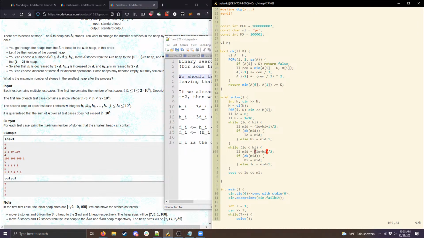And I think the easiest way to think about this, there are a couple of ways you can think about this. Just trying out some small cases can help, but I think the easiest way is to write out what you're going to do if a certain value is acceptable and if it's not. So here, for example, we're saying, okay, if this value is possible, then the answer is at least this thing.